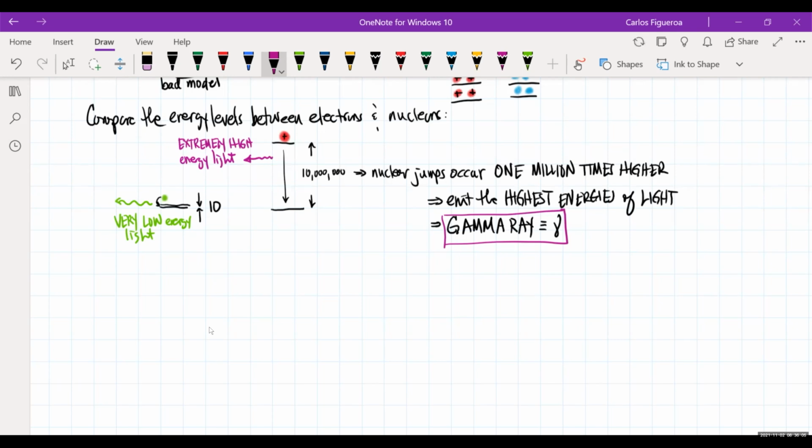That's why gamma rays are dangerous. Okay, that's why gamma rays are dangerous right there. So gamma ray radiation is something that people have to pay attention to.